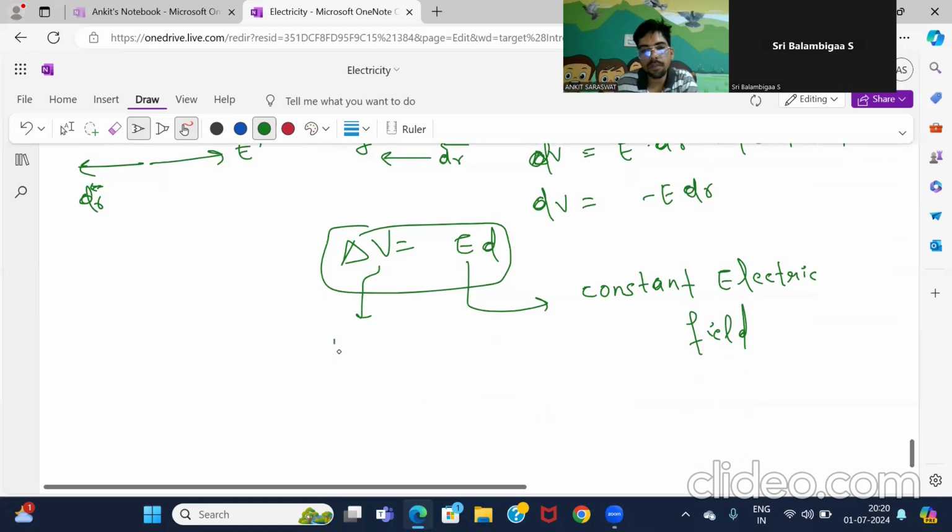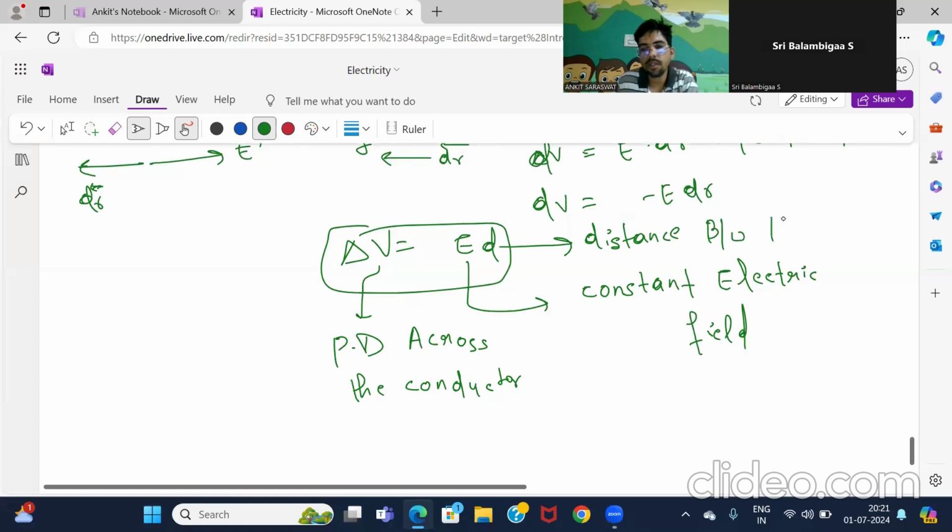The potential drop across the conductor. Understood? Yes, sir. This formula, in Class 12th you will learn, but I am explaining. This is very, very important. What is D? D is the distance between the two ends of a conductor.